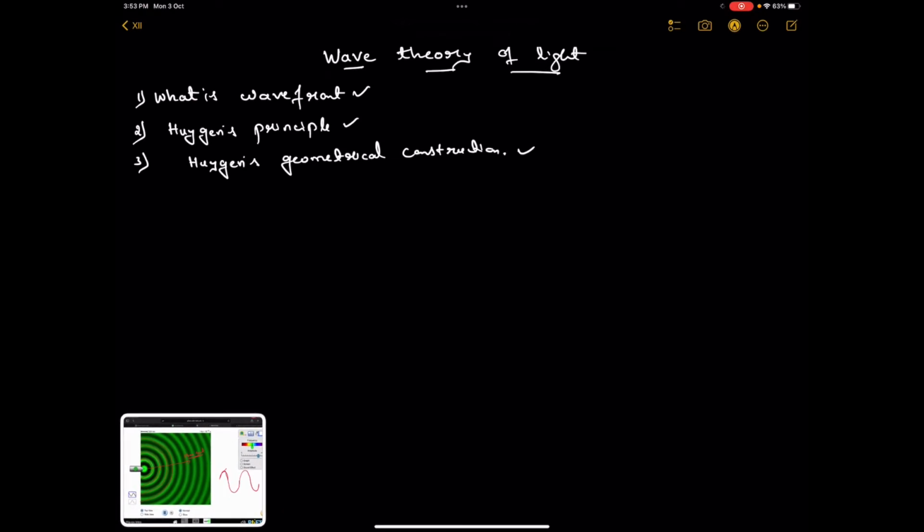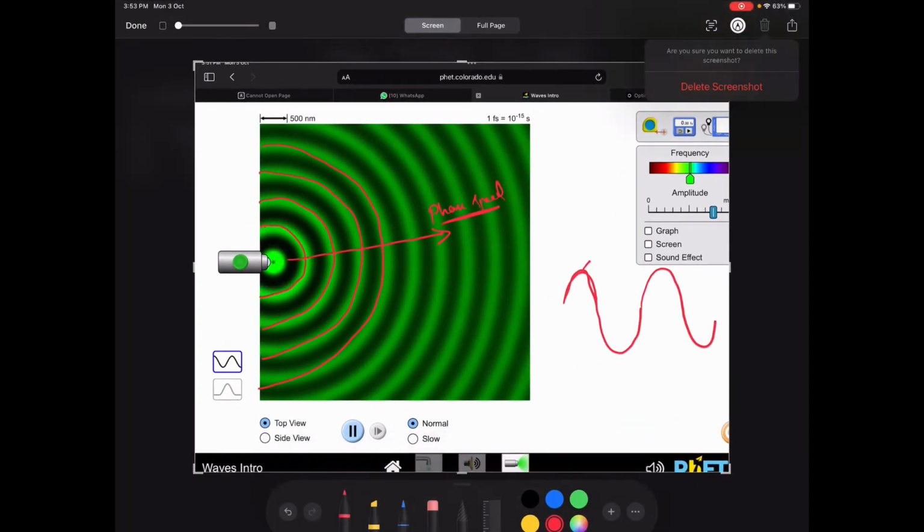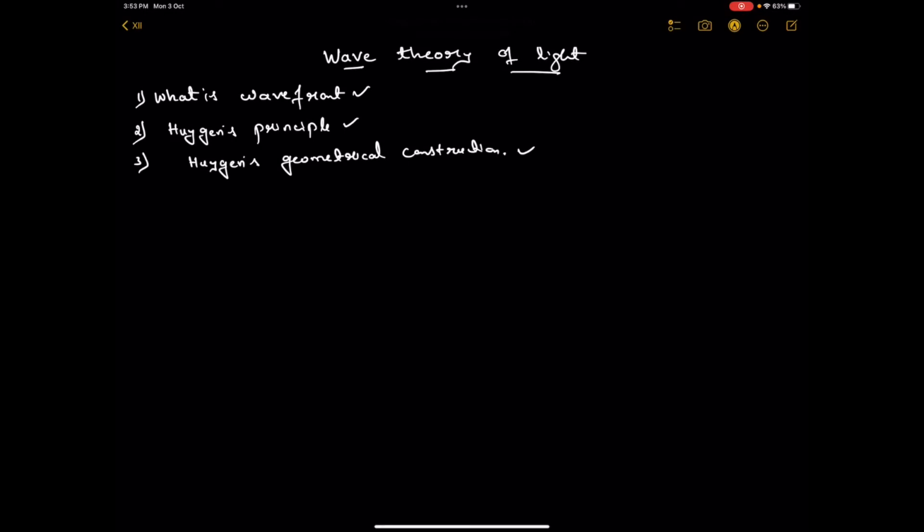So let us understand the Huygens principle now. What Huygens said is that light is having the wave nature, and to explain that wave nature, he made some assumptions.